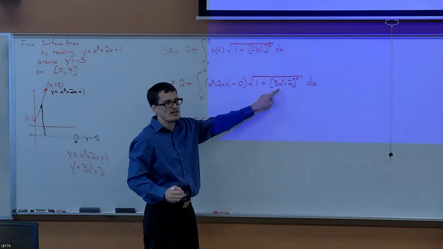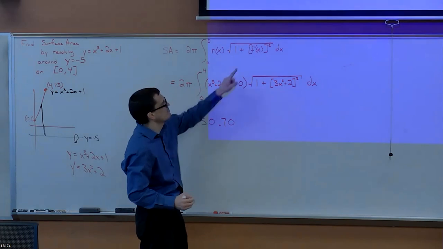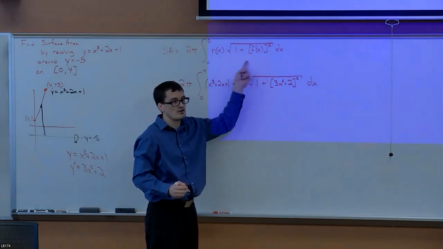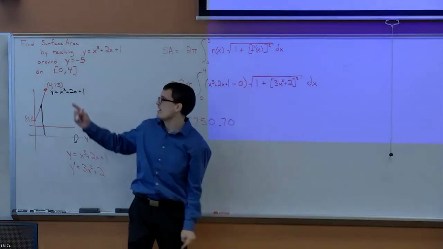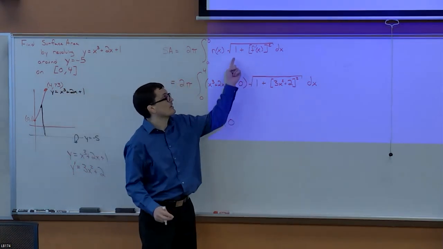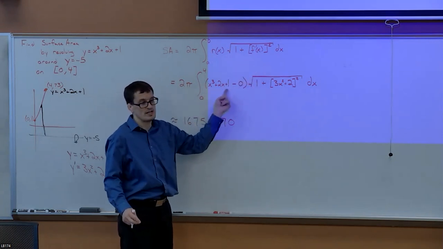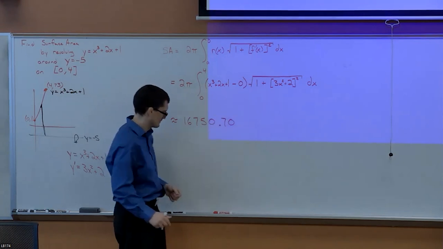Everybody understand why? The reason this part doesn't change is because this part comes from the length of the curve. It doesn't care about where it's rotated around. This part is the part that's going to change, the radius.